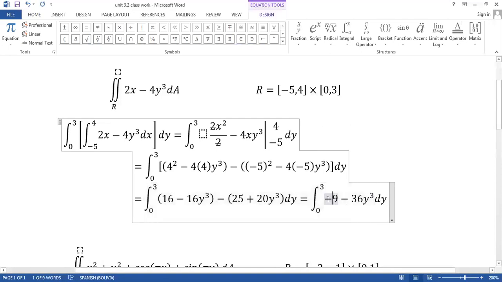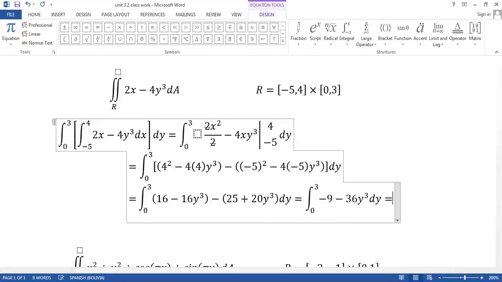I'm trying to put parentheses around it, but it's not allowing me to. So the next step would include us substituting 0 and 3 into that integral. Yeah, we find the integral. We have to integrate it first, and then substitute.